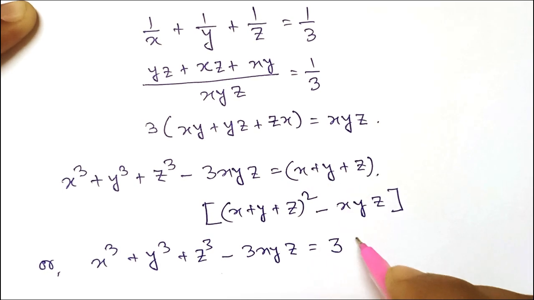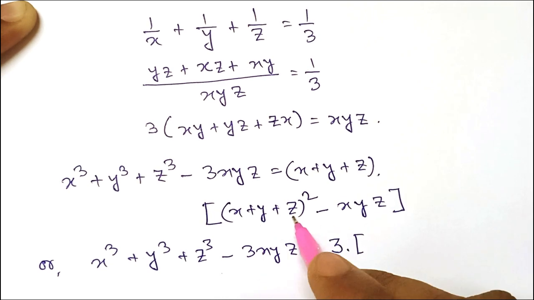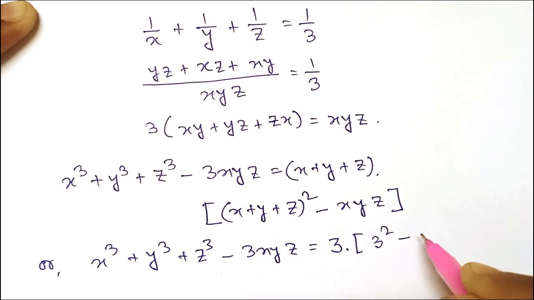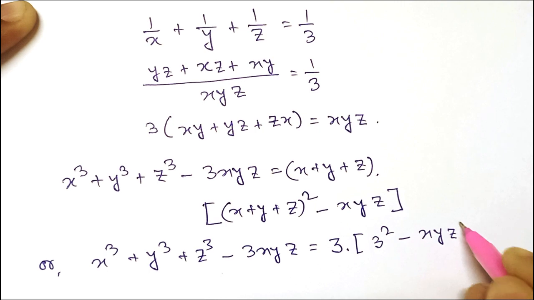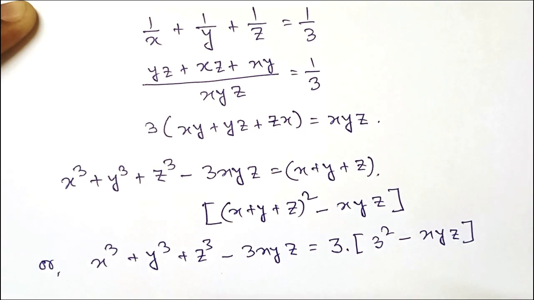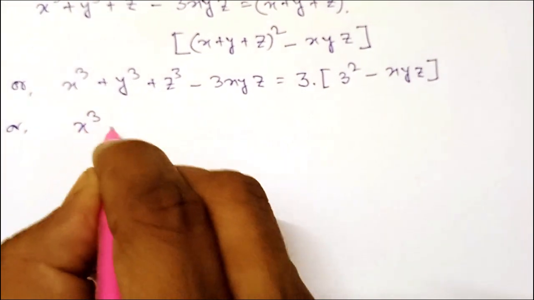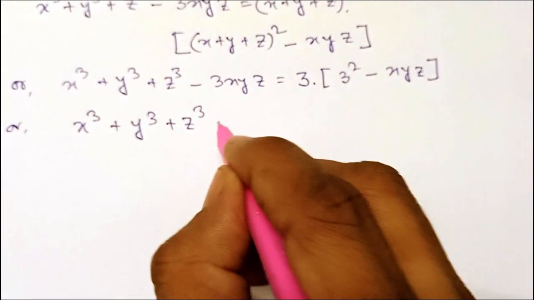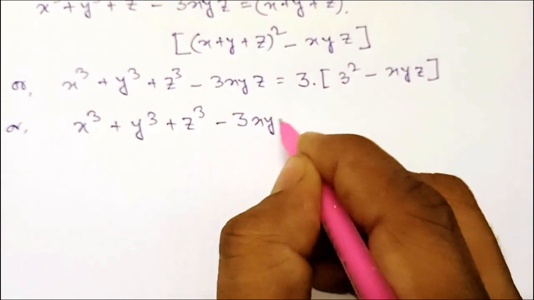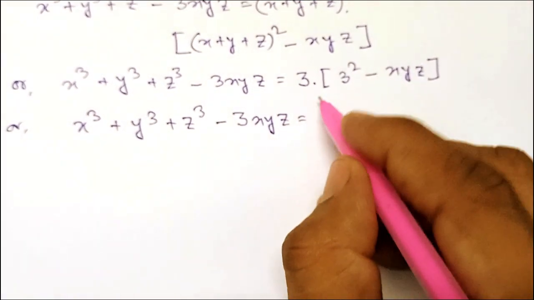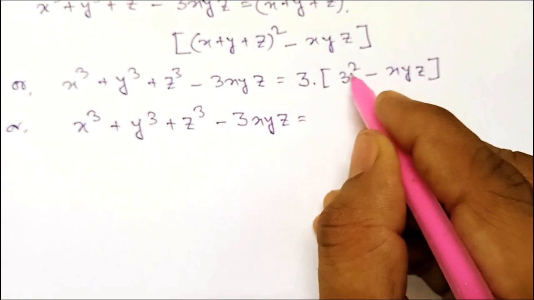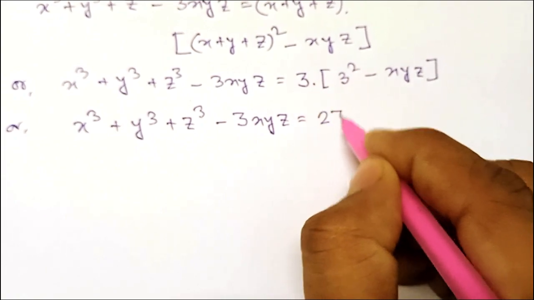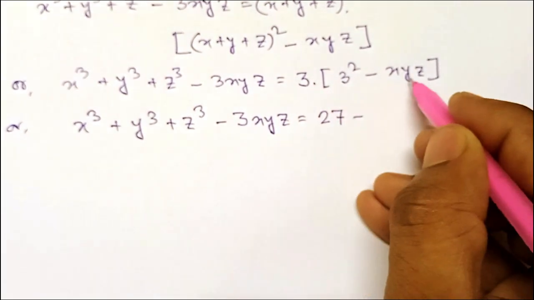So we will write 3 here, and inside the bracket this will be 3 square minus xyz. Or we can write x cube plus y cube plus z cube minus 3xyz is equal to 3 into this 3 square will be 9, so 3 into 9, 27, minus 3 into xyz.